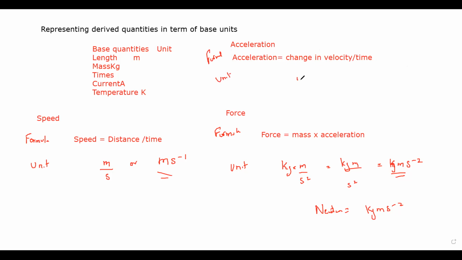For change in velocity, that is meter per second, and unit of time is second. So when we solve, it will be meter divided by second square, and if this will move in numerator, it will be meter second minus 2. So that is the base unit for acceleration, or representing the acceleration in terms of base unit.